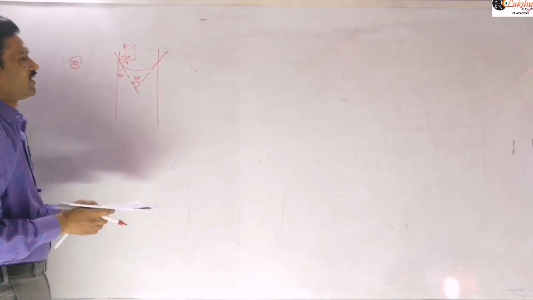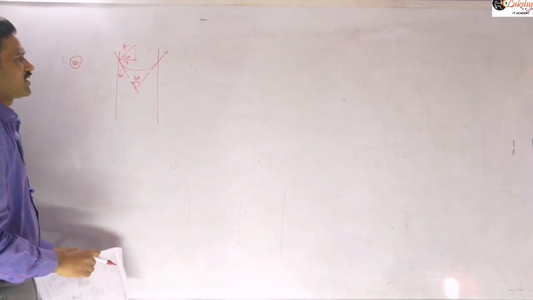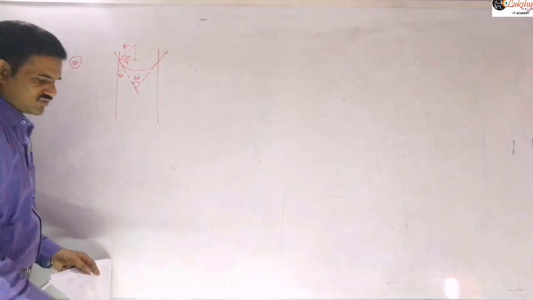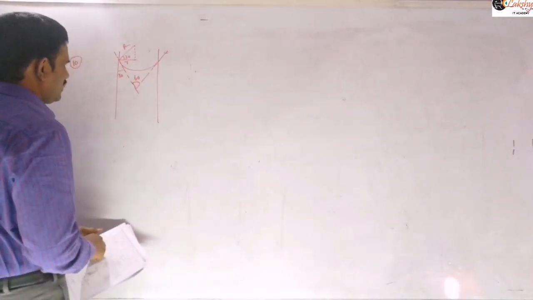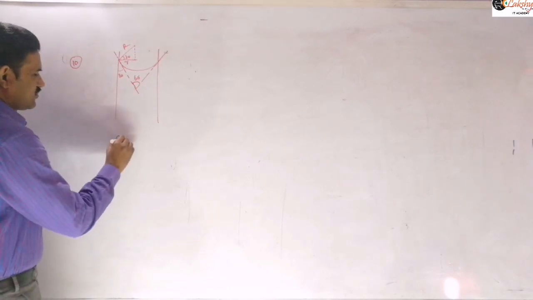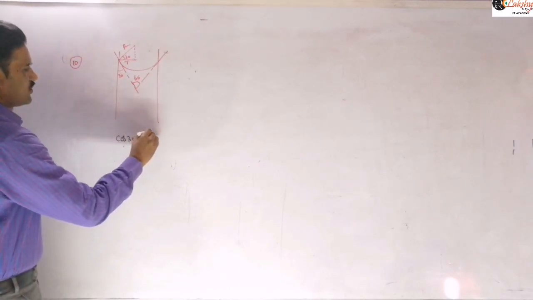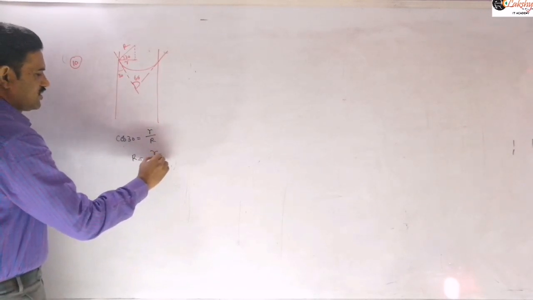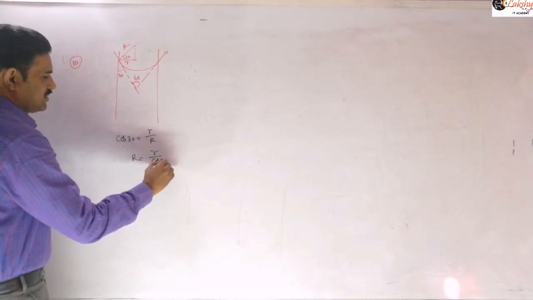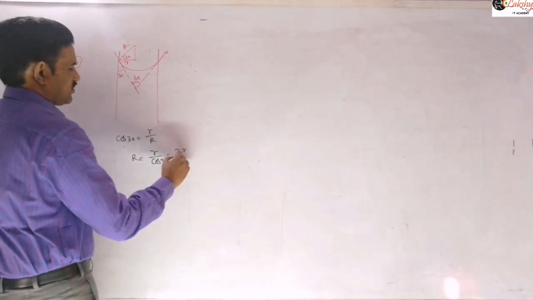Is it clear? Then you can write the relation between small r and capital R using the cos theta formula. So cos 30 is equal to r by R. Therefore R is equal to small r by cos 30, so it is 2r by root 3.